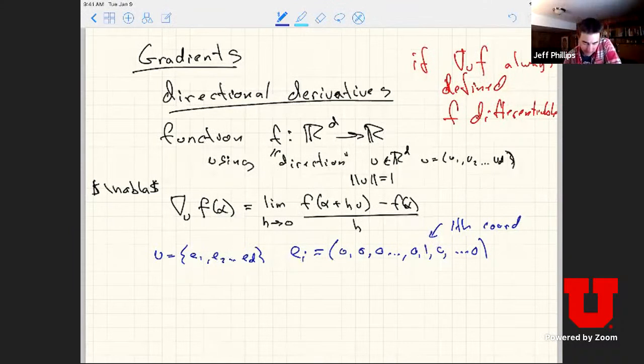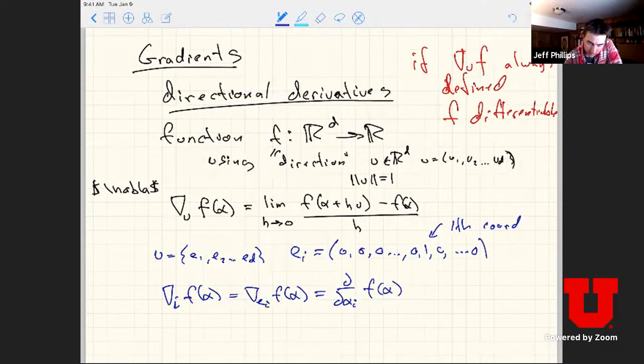Then I often use for shorthand notation nabla i of f of alpha, which equals nabla where I use this ei as the u direction. And this turns out to be exactly df d alpha i, the ith coordinate.